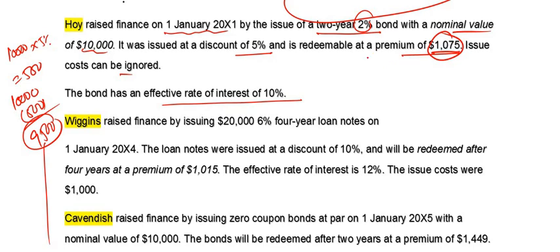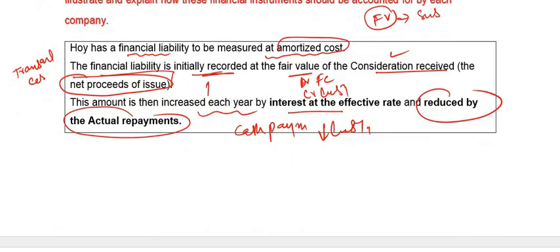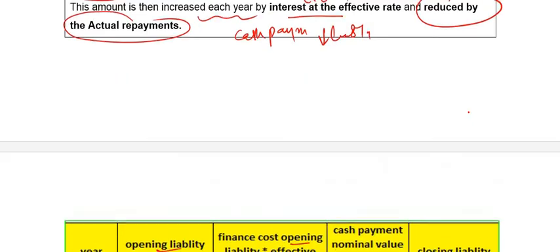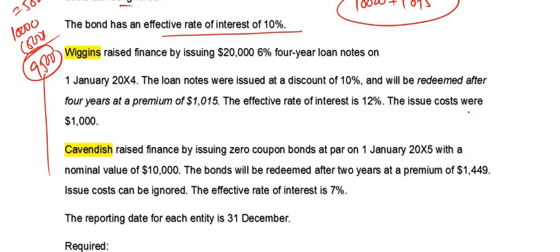So at the end you will pay 10,000 plus this amount, and this is the actual amount, and at the end you will have no closing liability. So 1105 is the nominal value plus premium, and at the end, if you see here, there's no liability.